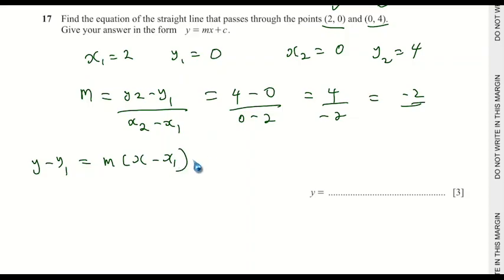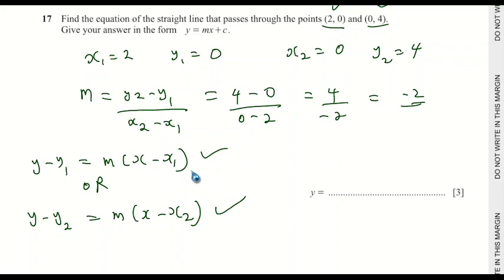So this will work for you. Since it also passes through x2, y2, you can use y minus y2 equals m into x minus x2. So you can use any of these two formulas, right?